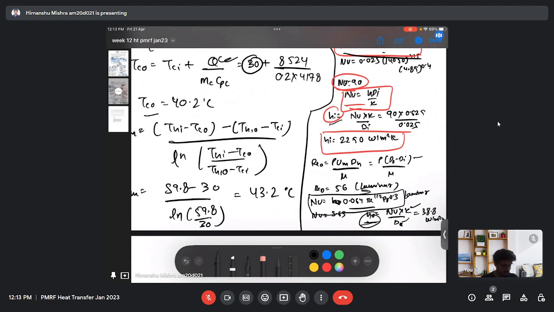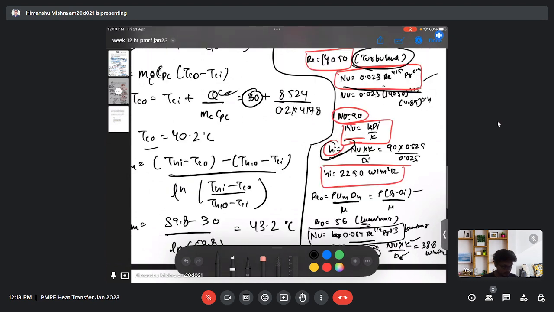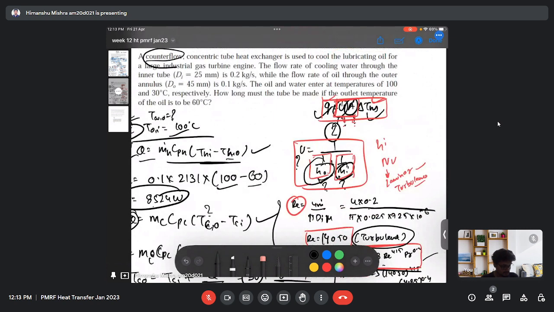So I know outer heat transfer and inlet heat transfer coefficient. Now I can calculate U. Outer is 38.8 and inlet is 2250. So on calculating, my U will be 38.1 watt per meter square Kelvin.